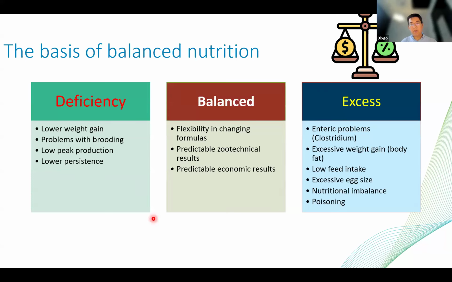On the other hand, if we also have excess of some nutrients, because how the birds will digest and absorb the nutrients is not well known, we can have enteric problems, excessive weight gain, low feed intake, excessive egg size or lower egg size, nutritional imbalance, and in some extreme cases, poisoning. So it's always tricky to find this zone of balanced nutrition.